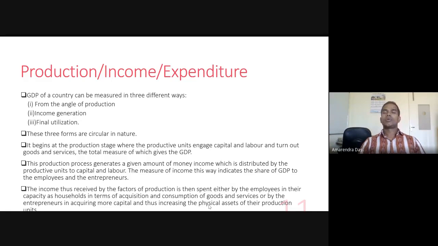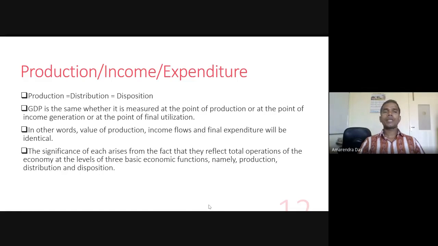So that means we are producing output, then when we pay money to somebody else, that becomes income. That income is spent by the households and different firms, so that becomes expenditure. And if you aggregate either the total output, or the income, or the expenditure, you will get the national income. So production is equal to distribution is equal to disposition or expenditure.